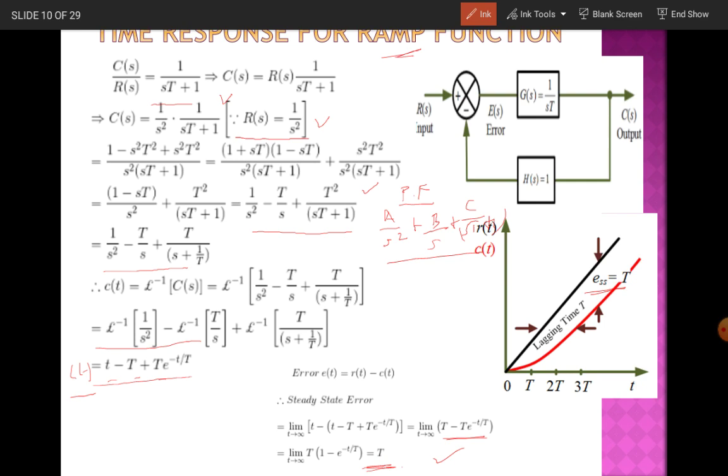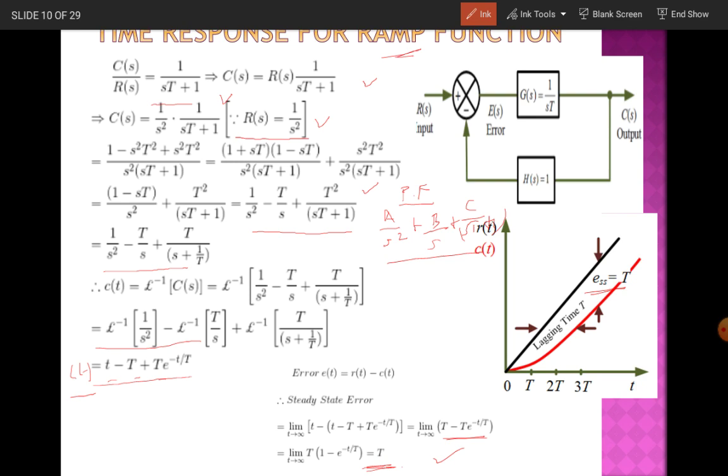So in both cases, that is the time response of a first order system with step and ramp input, we have followed the same procedure. This procedure will be followed for other systems also, that is second order or higher order systems. In all cases, the first step is to find the closed loop transfer function, then note what type of input you are giving, then find C(s), then take the inverse Laplace transform of C(s) to get C(t).